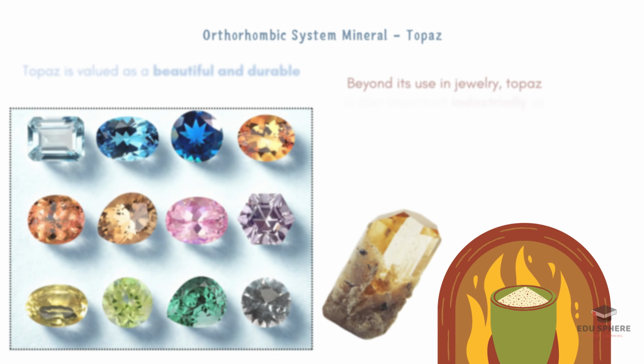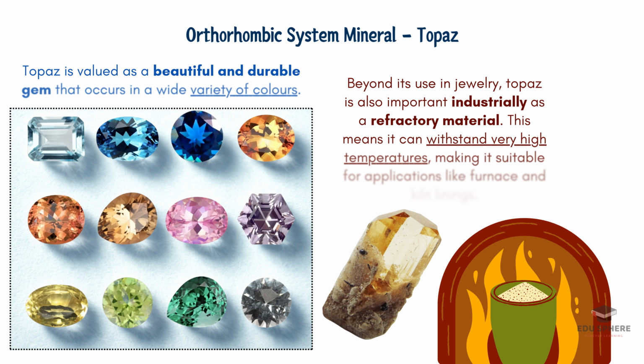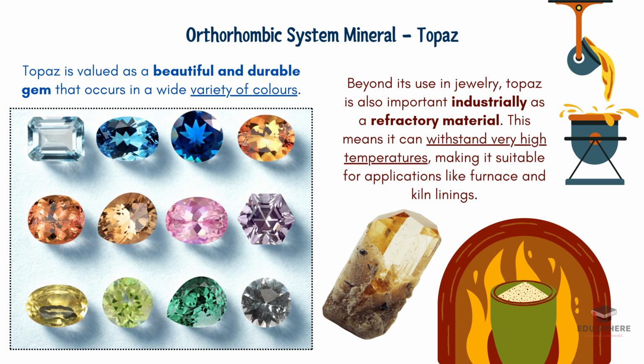The orthorhombic system is home to many famous gemstones. One of the best known is topaz. Topaz is a beautiful and durable gem that comes in many colors, but it is also used industrially to make refractory materials. This means they can withstand very high temperatures like the inside of furnaces and kilns.